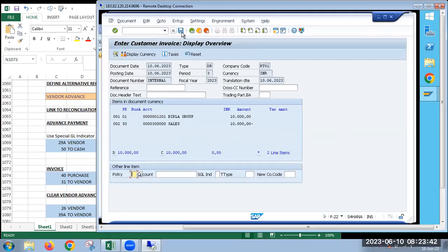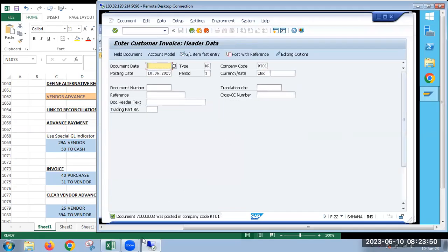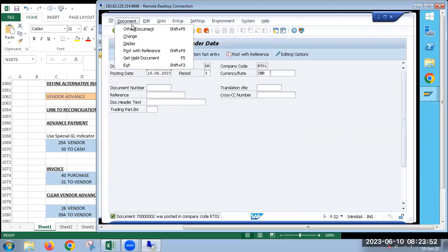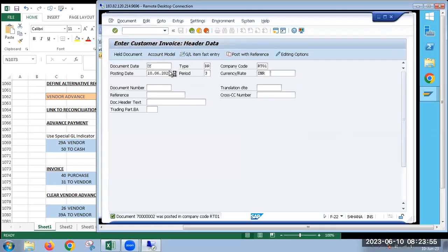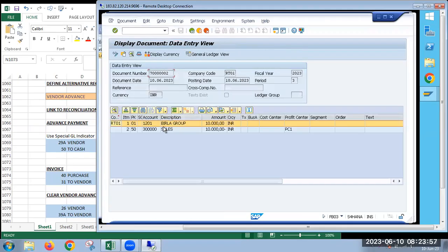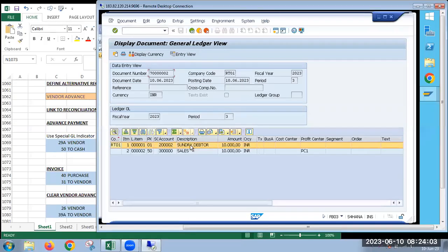So save. This is our invoice. This invoice will be with our regular reconciliation account.